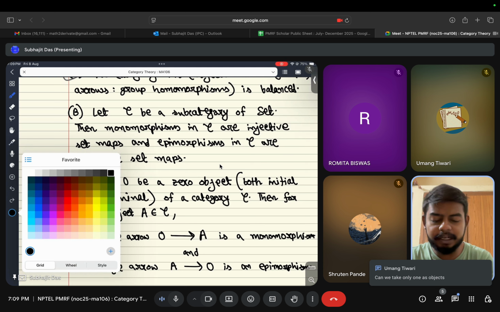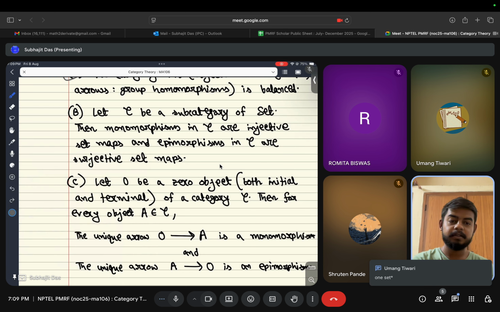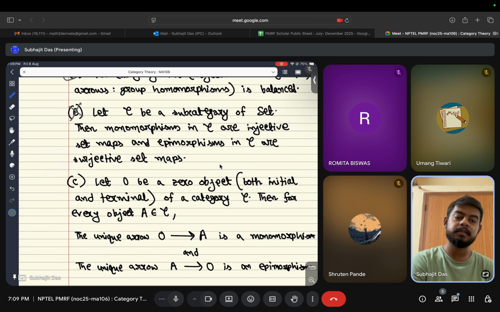What do you mean by only one as objects, or do you mean exactly one object? Yeah, exactly one set. C should have exactly one set. That is what you are suggesting. Okay, can you give me an example now of a morphism which is a monomorphism?